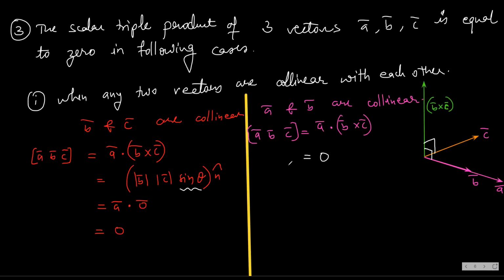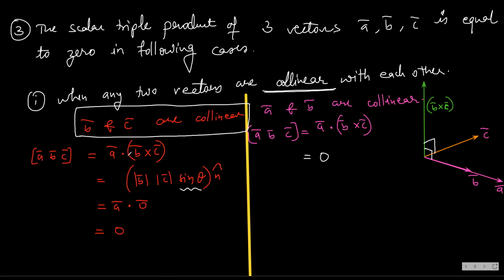Okay. One more thing I would like to add in this is, when the two vectors are collinear to each other, one vector is a scalar multiple of the other vector. So when you have b bar and c bar collinear to each other, what will happen?